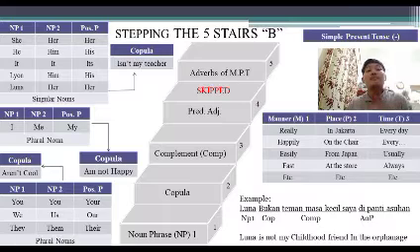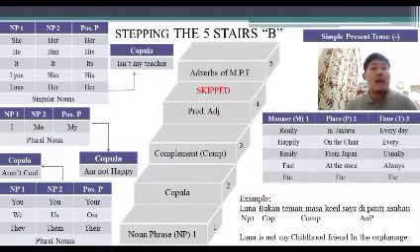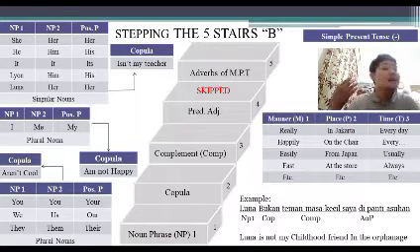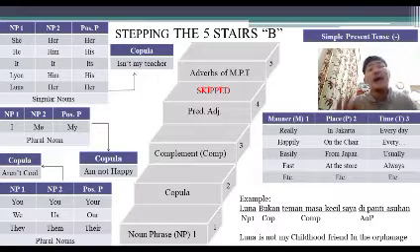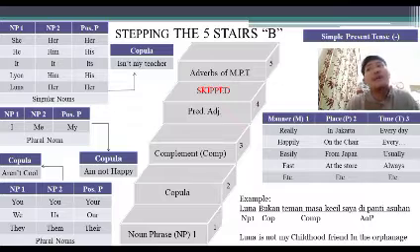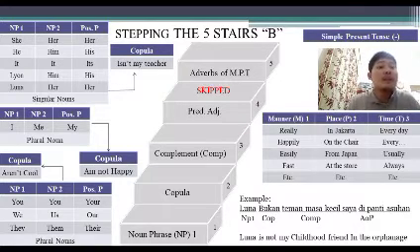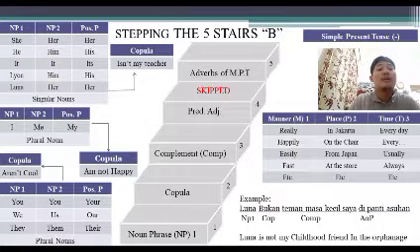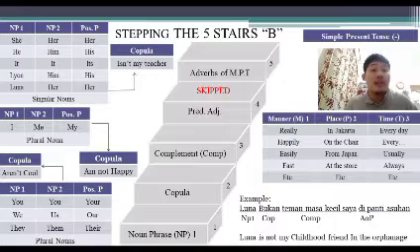For simple present negative, the difference is that your copula is added by not. For example, is becomes isn't or is not, am becomes am not, and are becomes aren't. In my example, Luna bukan teman masa kecil saya di panti asuhan. My English is: Luna is not my childhood friend in the orphanage.